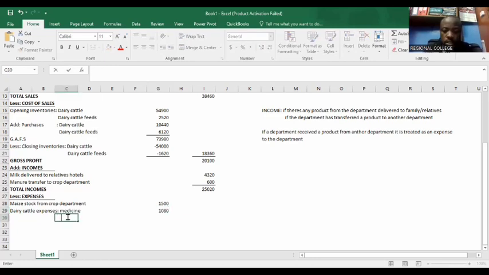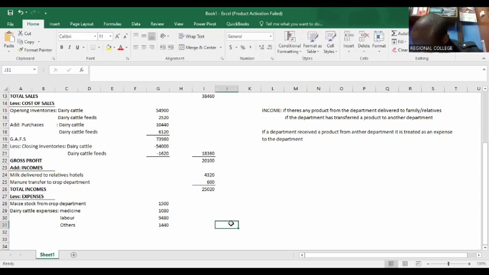The next one is labor, of how much? 9480. And other expenses, of how much? 1440.